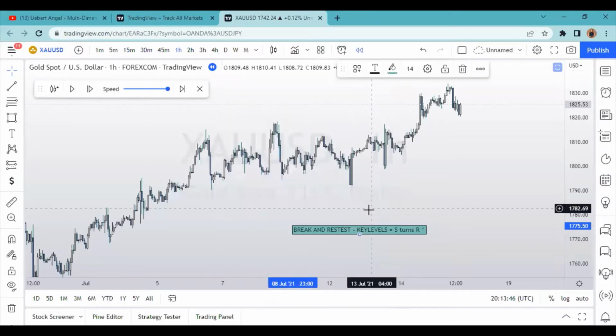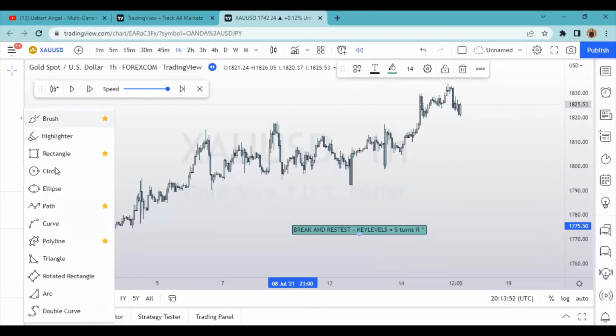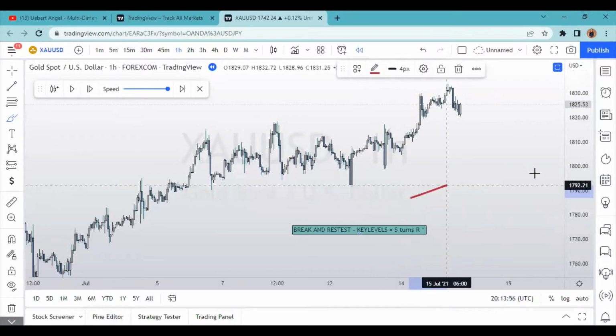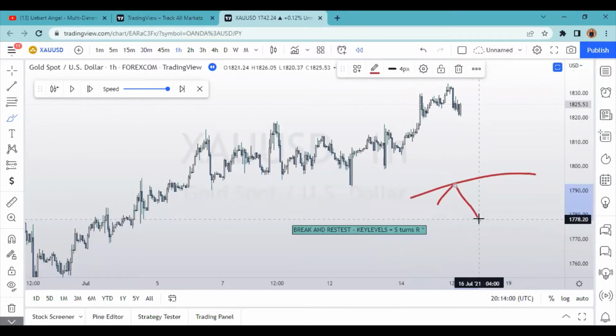So you are looking for things like, where are all my tools? Okay. You're looking for things like this. So this is resistance. You already know that resistance is the highest point that price reached before coming back down. So there's a rejection at that resistance, and then support is the lowest point that price reached before going up.